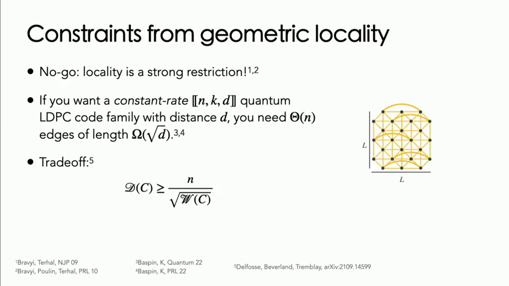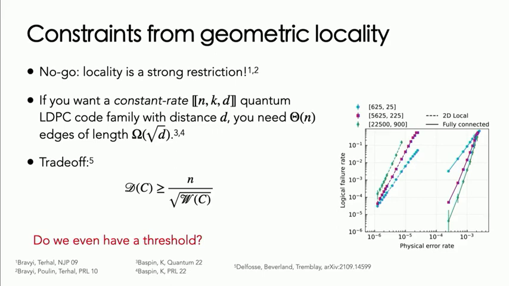And soon after, there was this beautiful paper by Nicolas Delfosse, Michael Beverland, and Maxime Tremblay, where they showed that if you were to, again, cast things in this circuit picture in terms of a syndrome extraction circuit, they demonstrated the following trade-off. Simply to build up the amount of entanglement to construct a constant rate LDPC code, you're going to have to put in a lot of effort.